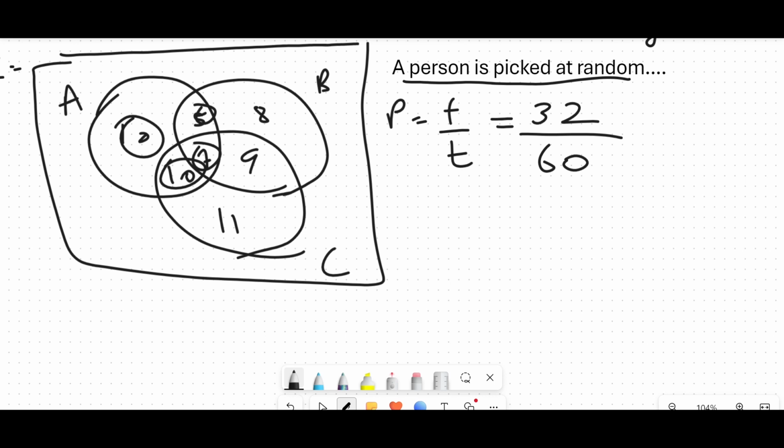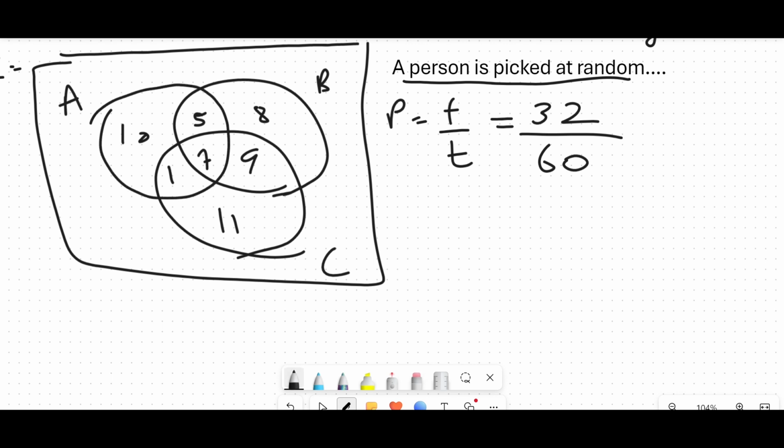And then let's do another one. If I say that a person is picked at random from group C, then P is equal to F over T, which is equal to 11 plus 9, 20 plus 10, 30, 37 over 60.